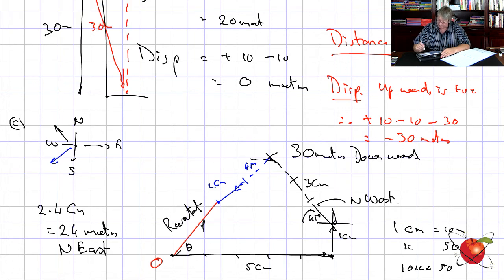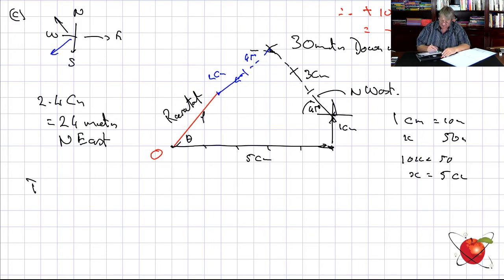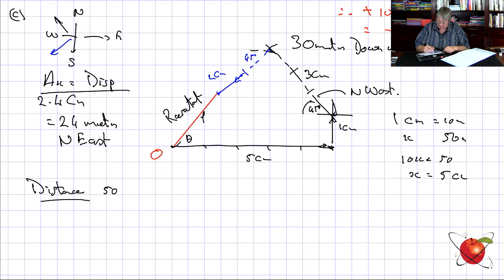What is the displacement of this? How do I work it out? Sorry, not displacement. How do I work out the distance? Delta x is displacement here. So what do I work out for distance? The distance is the total amount. Just think of it: how far did you walk through the obstacle course? You walked a total of 50 meters plus 10 meters plus 30 meters plus 20 meters.